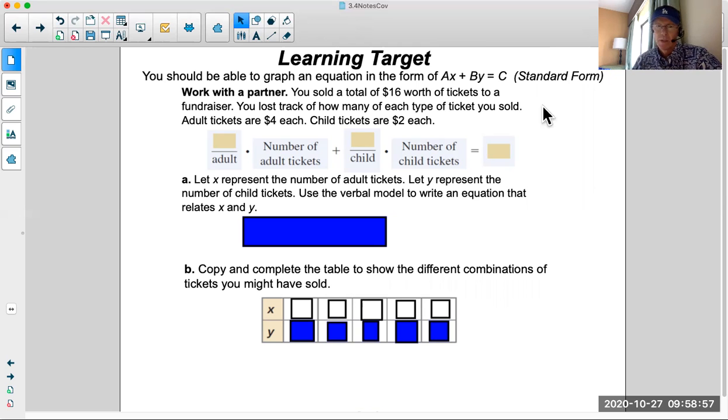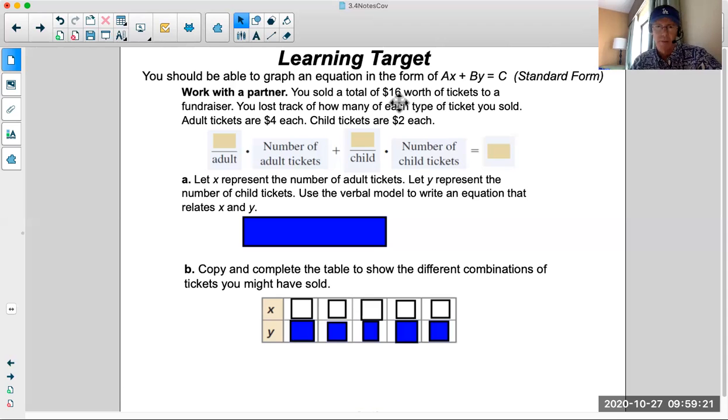Okay. So what we do know is that we could write this as what we would call a number sentence: the number of adult tickets times the cost of adult tickets plus the number of child tickets times the cost of child tickets should equal what total?